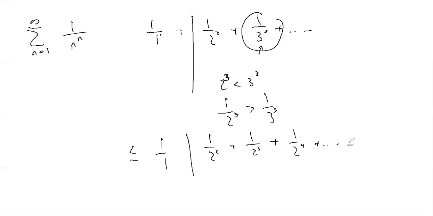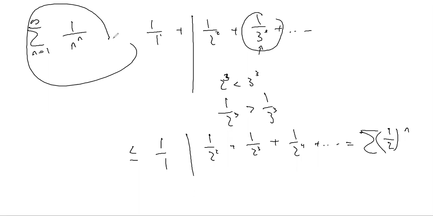Well, if I wanted to write this in a compact form, this is 1 over 2 to the power n. And this is convergent by geometric series, right? So this is convergent. This series is less than or equal to that, so my original series is convergent as well.